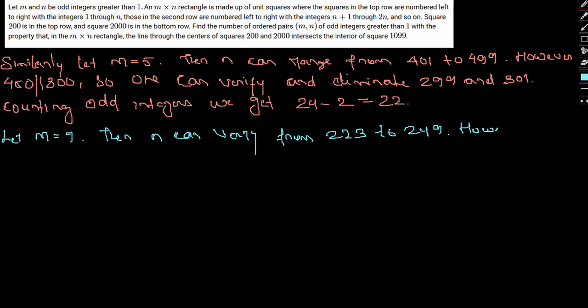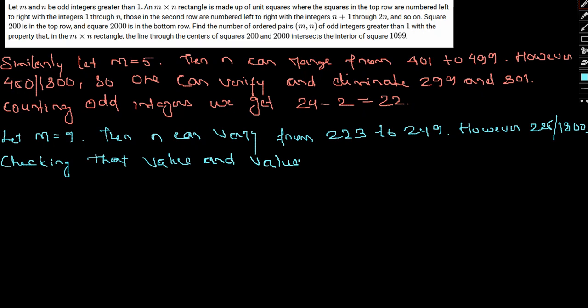However, 225 times 8 is 1800, so checking that value and values around it, we eliminate 225.